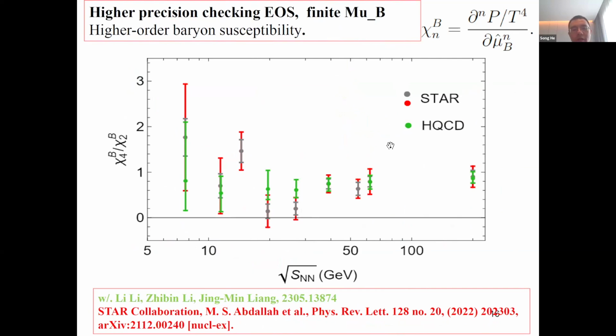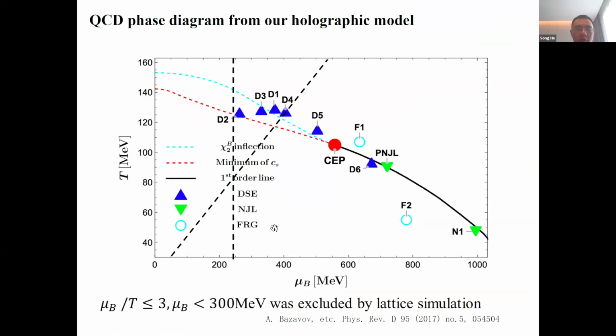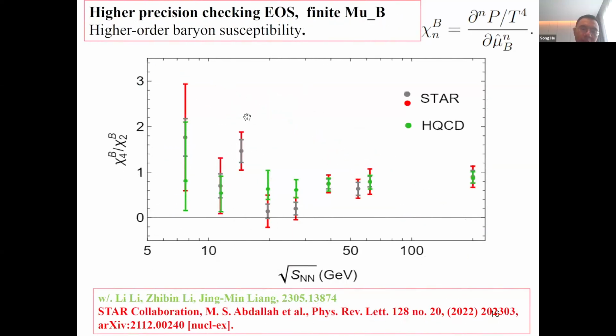We have to incorporate the experimental data. Fortunately, for finite chemical potential, there is experimental data extracted by the STAR collaboration. In this paper they offer this data, and we incorporate this new experimental data in our algorithm to do the global fitting.